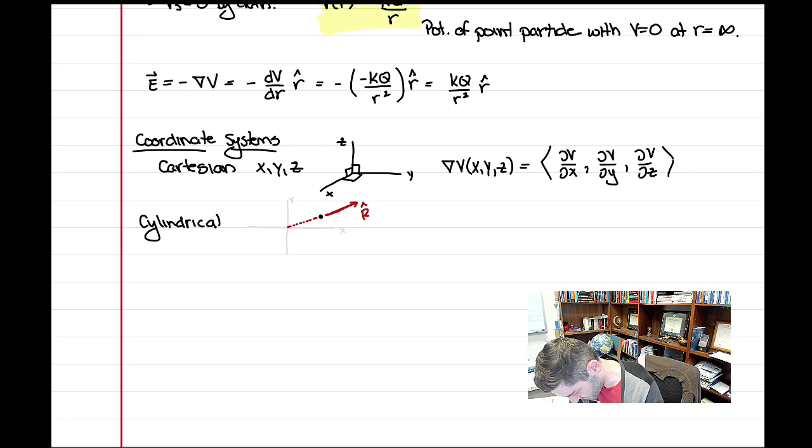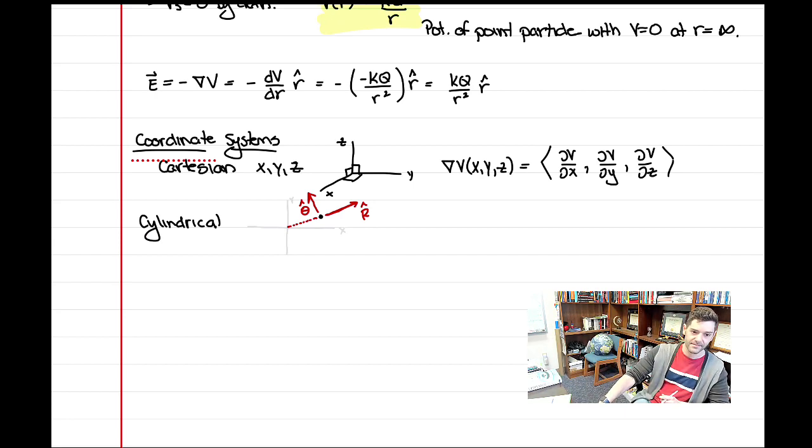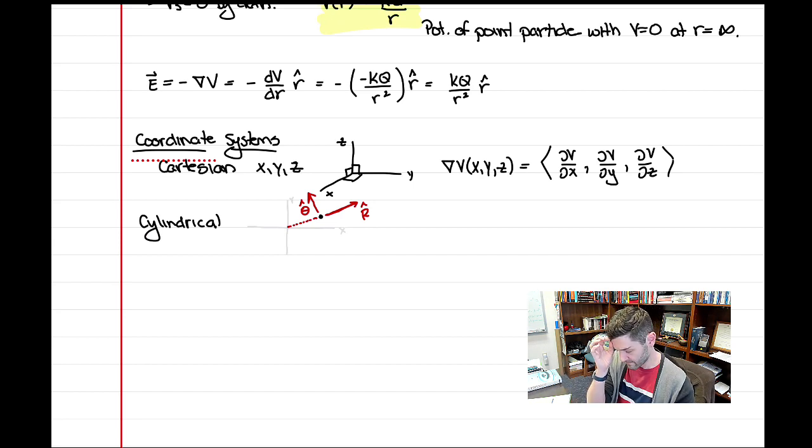So I define a new axis here, which I call the polar axis or the theta axis. And they are perpendicular to one another. And so if you specify r and theta, that uniquely determines where you are and your overall orientation.